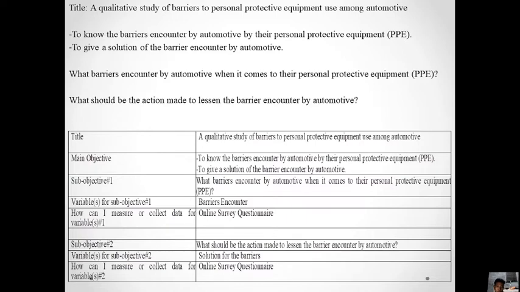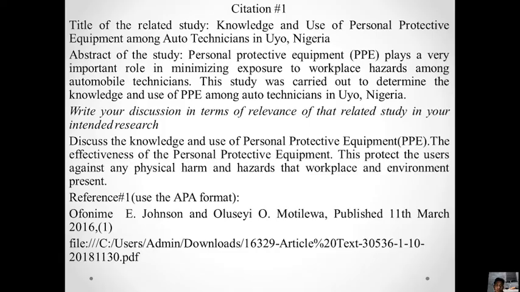Variables for subject number two: solution for the barriers. How can I measure or collect data for variables? Online survey questionnaire.